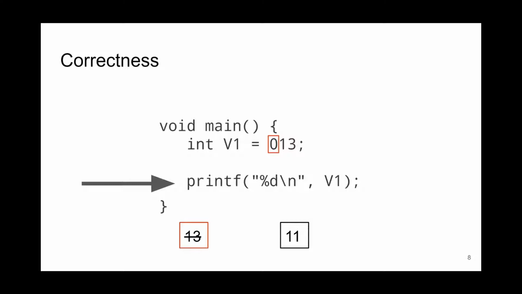And the reason for that is that the printf statement uses %d, which means that the output is in decimal or base 10, but the integer is specified using a leading 0, which means that it's represented in octal or base 8. So effectively, this program is a base 8 to base 10 conversion, but many programmers won't necessarily know that.